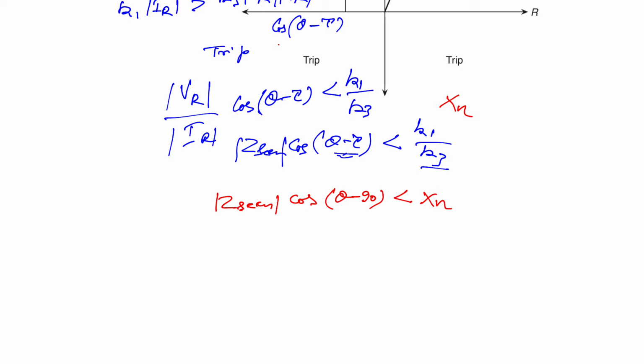Z sine cos of (theta minus 90) is Z sine sine of theta, which finally equals X sine.